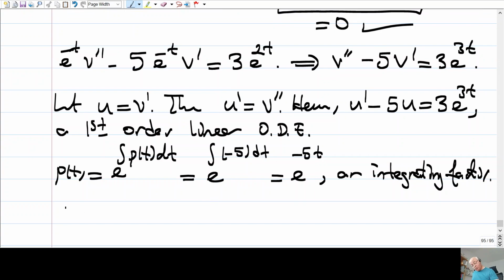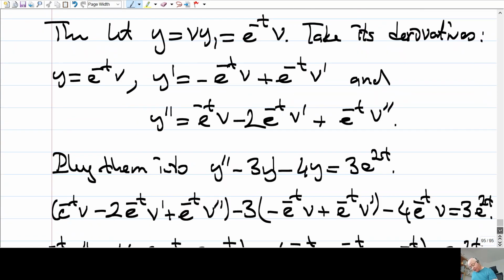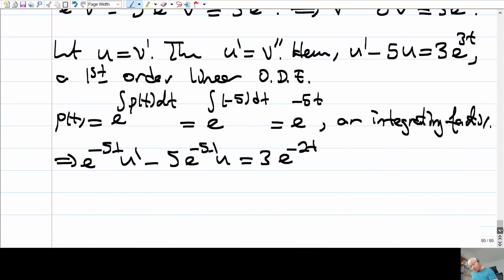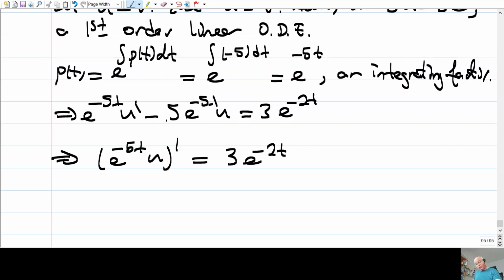All right, so multiply with this, e to the power minus 5t, u prime minus 5 times e to the power minus 5t u, and 3 times e to the power minus 2t, right? The left hand side is nothing but the derivative of this, right?